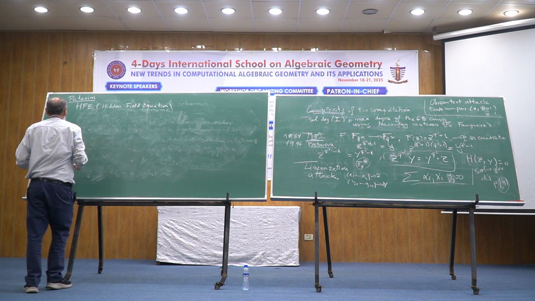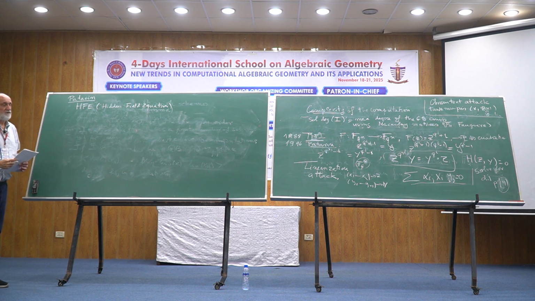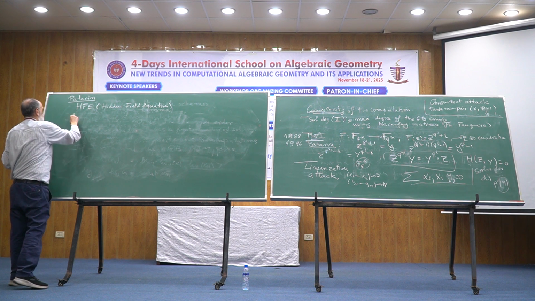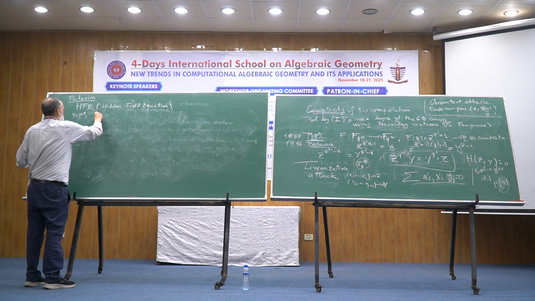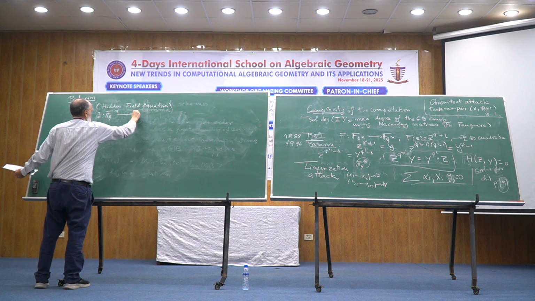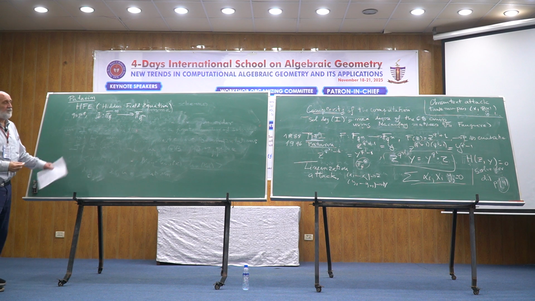In this case, our central map is more or less the same setting. We'll have Q equals P to the A, and then we have an isomorphism between F_q^n and the big field F_{q^n}.